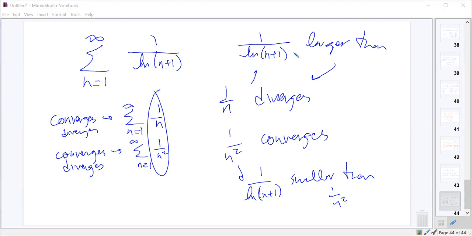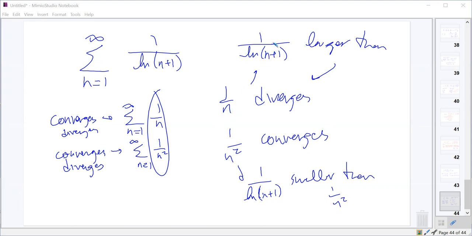Okay, good. So if we think about these series, then if we're plugging in values of n, let's say we plug in n equals 2. This is a half, and this is 1 over the natural log of 3. Well, the natural log of 3 is definitely less than 2, right? And so if this thing down here is smaller in the denominator than the term in the denominator of this, that's going to give me a larger value.